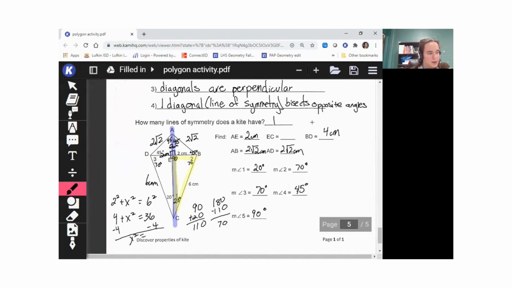And x squared equals 32. And we can take the square root of that and simplify the radical. And when we divide 32 by 2, we get 16. And 16 is a perfect square. So we'd get 4 square root of 2 centimeters.